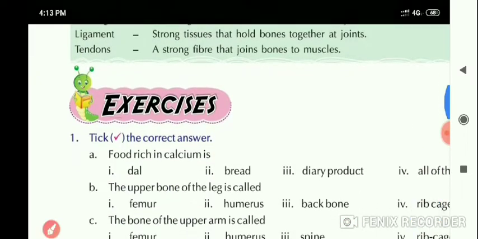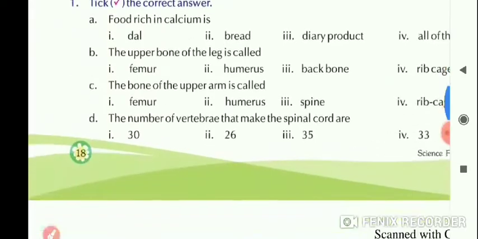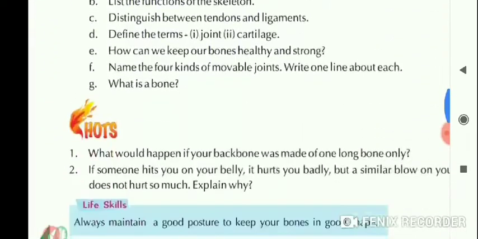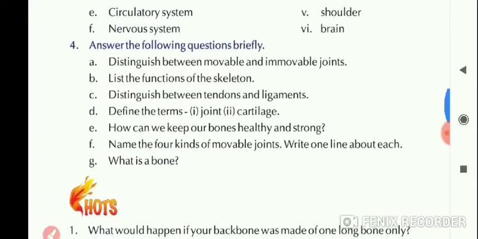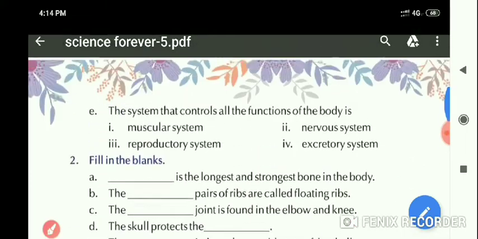Okay, now move to question number D. Define the terms joint, cartilage. So for answer number D, move to page number 18 again.